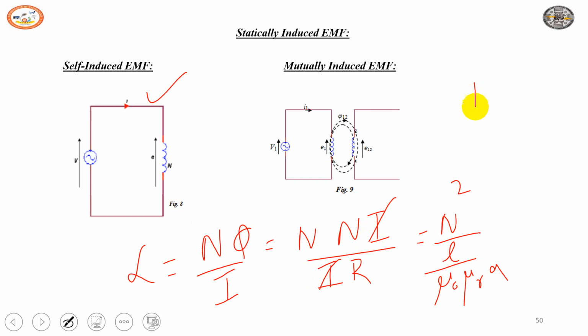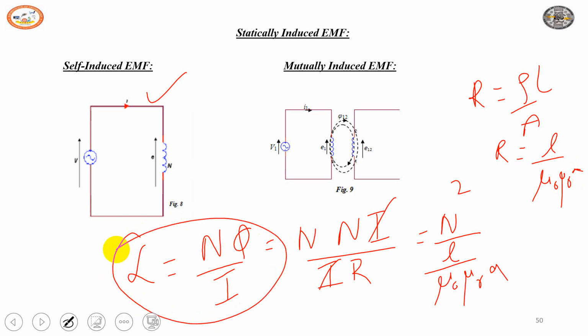So R is rho l by A, and R can be written as l by mu naught into mu R into A. When I replace that in the equation, mu naught is the absolute permeability, mu R is the relative permeability, A is the area of cross section of the electromagnet, and l is the length of the electromagnet. This we call self-inductance, that is L.